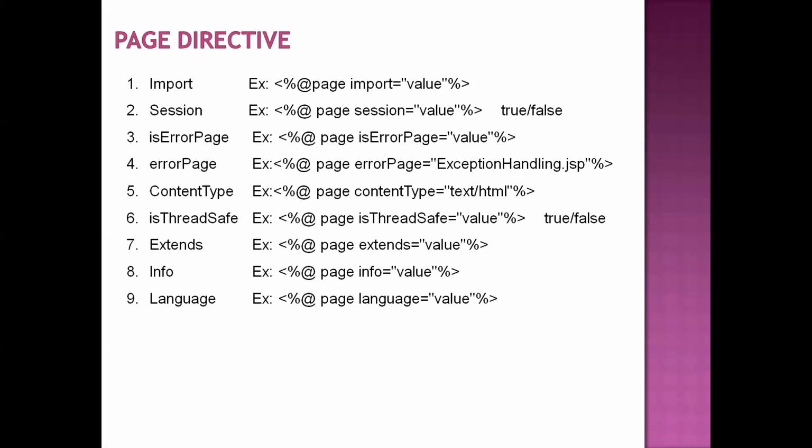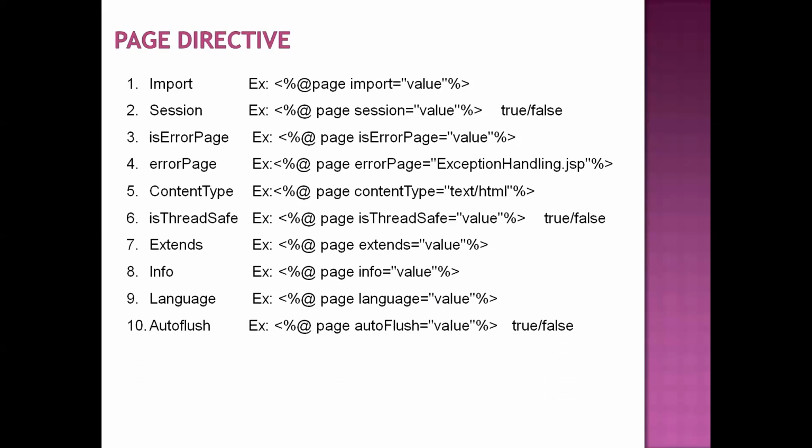But almost all the servers in the market now use only the Java language. So the language attribute specifies what language you are using for writing your JSP page, and that language name you have to specify as a value. Generally, we will write it as Java.